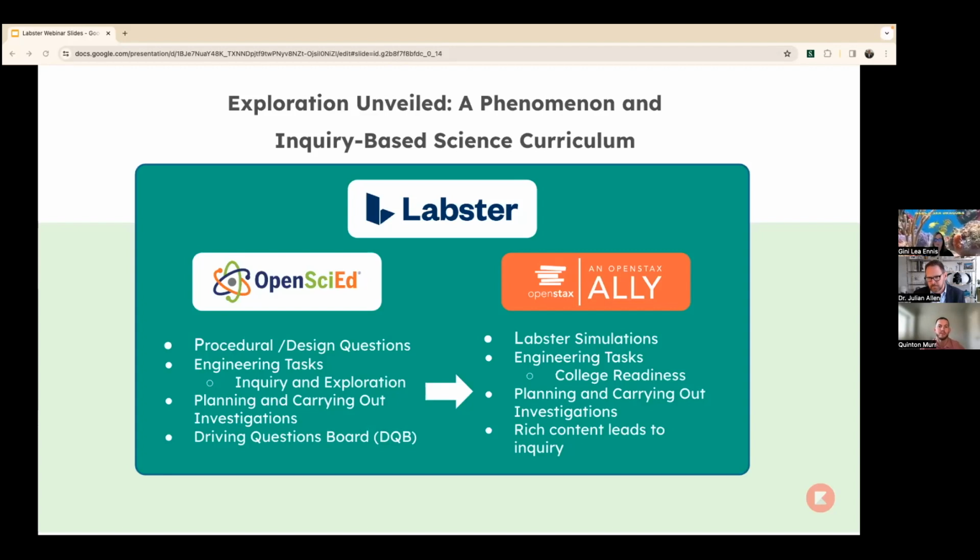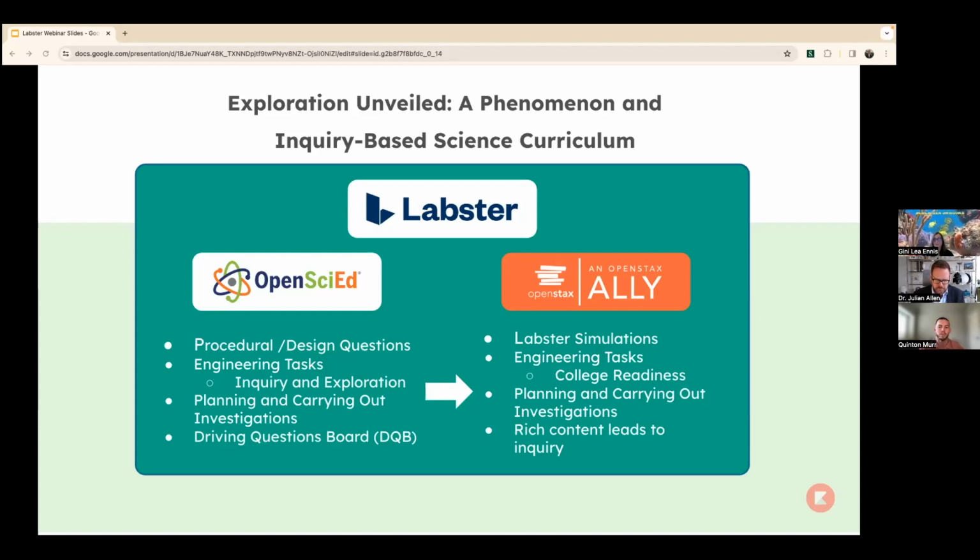Okay. In our partnership at Kiddom, we're looking to build on OpenStax's mission and goals. In an effort to create equitable access for all students, we've included pieces like our partnership with Labster and their amazing simulations that Jenny Lee just spoke on, to further enrich the science experience for all students. Just a little background: OpenStax was initially crafted as a collegiate level textbook and has now extended its reach to high schools.